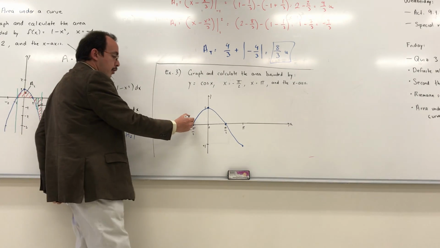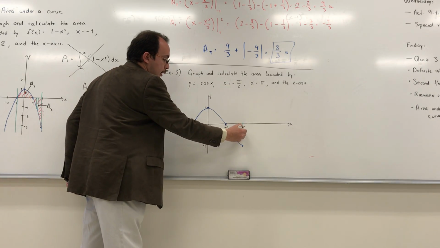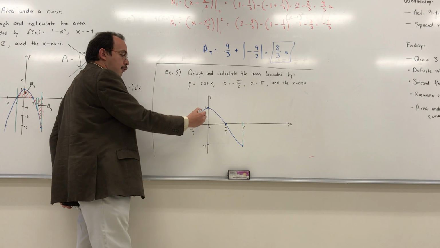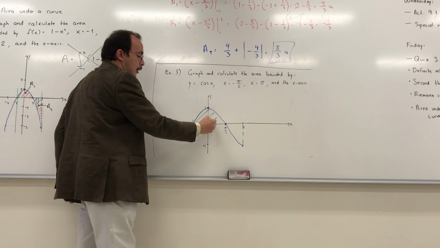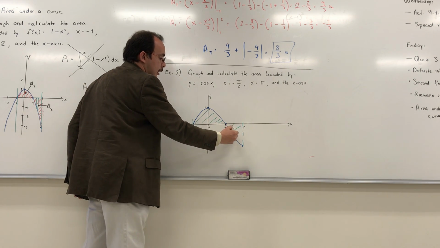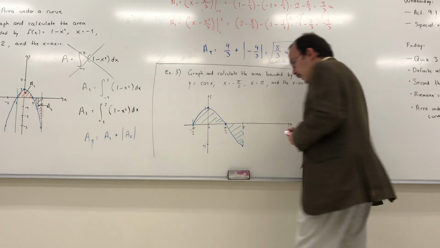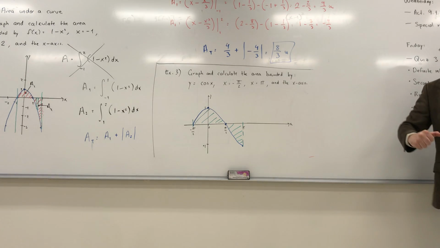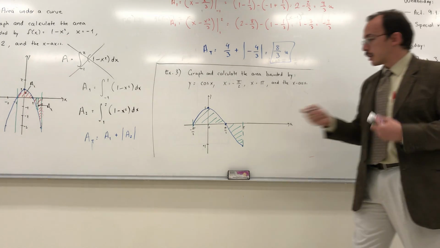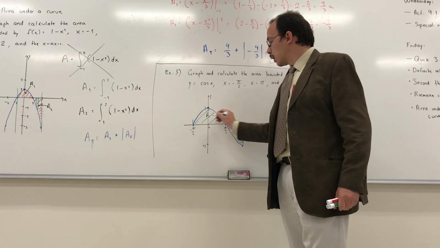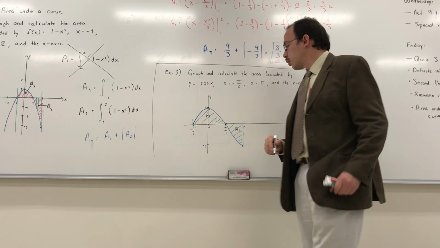Between minus pi over 2 and pi, the areas that I need to shade will be all of this and this. Same problem as that one. We have two areas, area 1 and area 2.